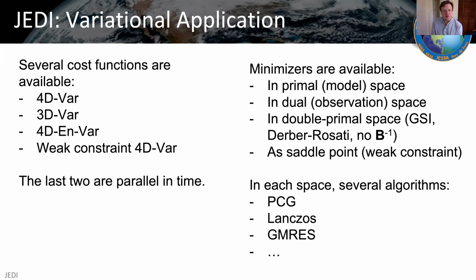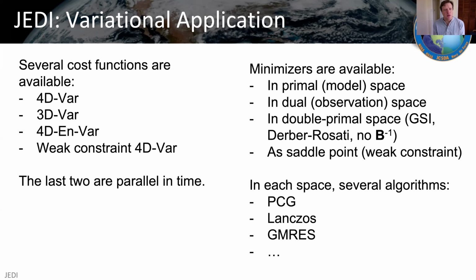In terms of variational data assimilation, there are several cost functions that are available. They're all in the same application, the variational.h. So there's 4D-Var, 3D-Var, 4D-En-Var, and weak constraint 4D-Var. Note that the last two, the 4D-En-Var and the weak constraint 4D-Var, are parallel in time.